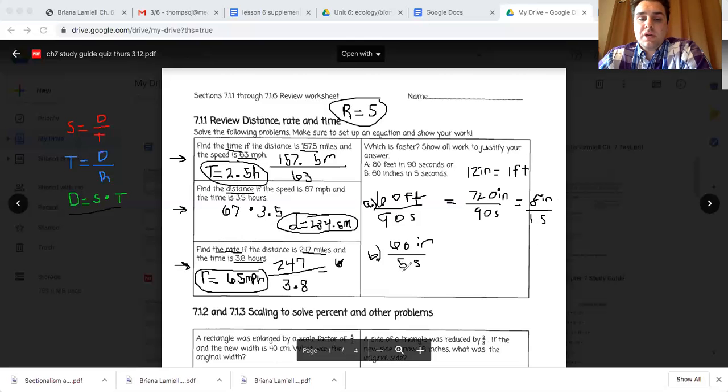Now, if you take a look at B here, it's already in inches and seconds for us, so we don't need to convert this. All we have to do is divide it. So 60 divided by 5, you come up with 12 inches for every 1 second.